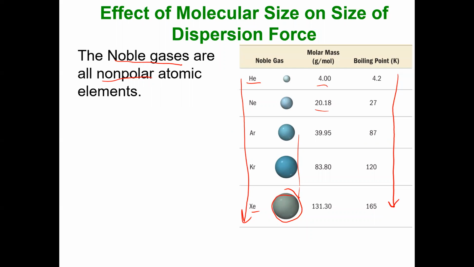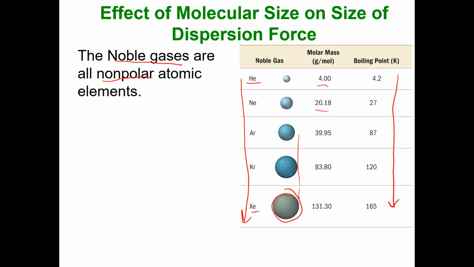So why does the boiling point increase? Well, to boil a liquid to a gas, I have to separate particles, because gases take up a large volume and the particles are far apart. I have to separate the particles in the liquid phase to become a gas.